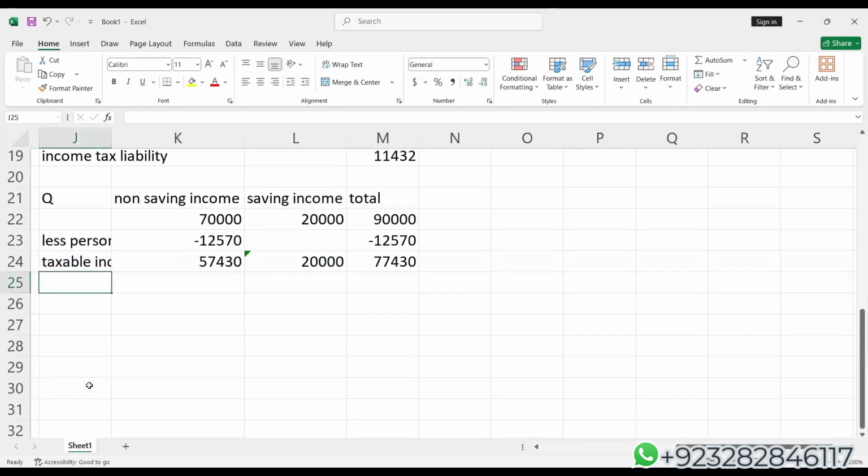Now let us calculate income tax liability. When we apply tax rates, first we apply the tax rate of non-saving income. After that, we'll go for saving. If we had dividend income, then number 3 is dividend income. Right now we have only two incomes: one is non-saving, another is saving.